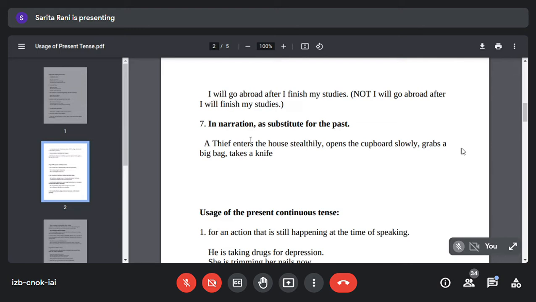When you are narrating a past incident, see, a thief enters the house quickly, opens the cupboard slowly, grabs a big bag, takes a knife. Clear? This is a narration technique.